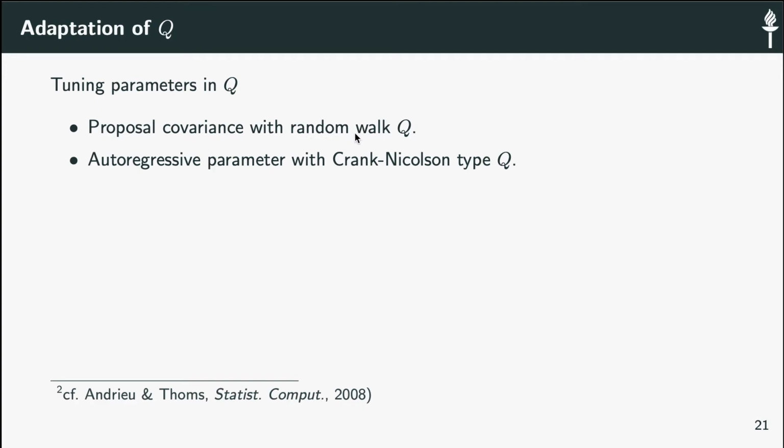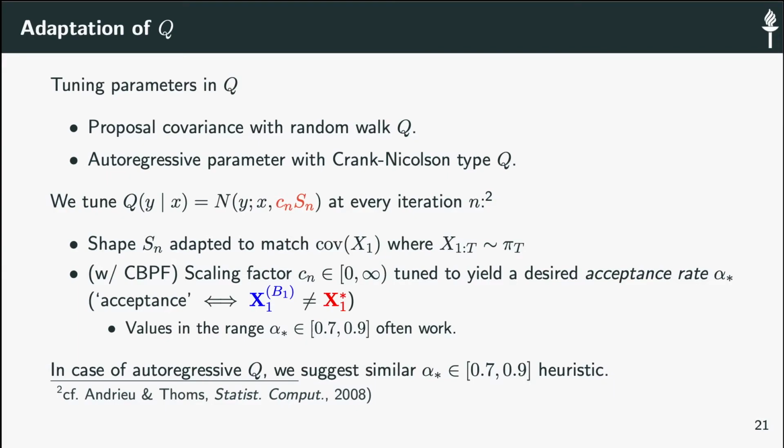You can imagine that it is going to be important that you choose the proposal covariance well, like in the random walk Metropolis. So we choose to adapt it, so choose it automatically during the simulation. What we do is adapt the shape and a scaling factor of this proposal covariance at every iteration, so that eventually the shape matches the covariance of the first marginal of the smoothing distribution.